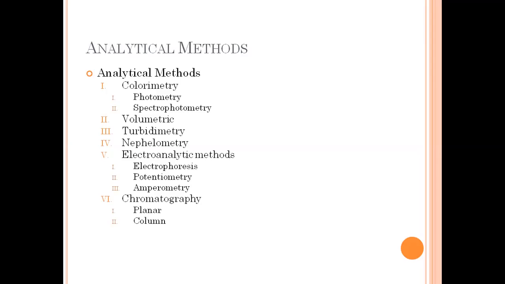That's where thin layer chromatography, liquid chromatography, and solid, liquid, and gas chromatography come in. And lastly, we have luminescence, which can be performed by means of fluorometry and chemiluminescence.